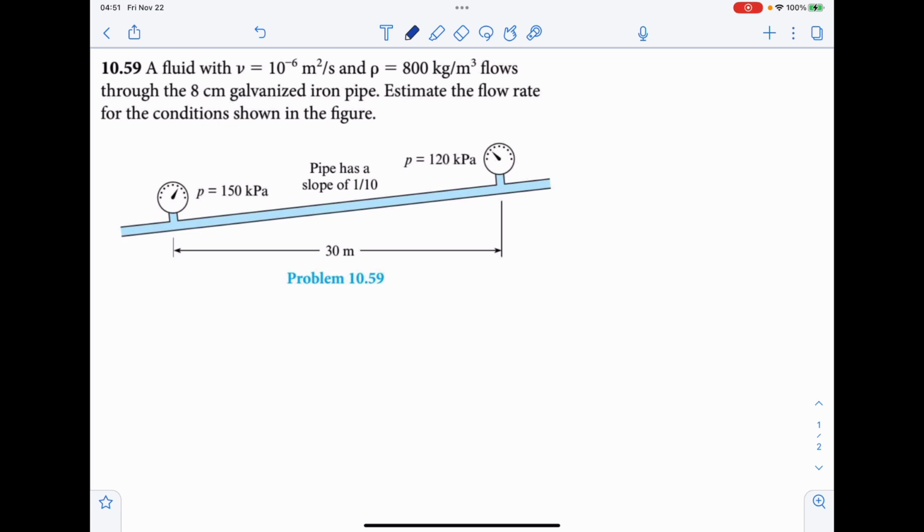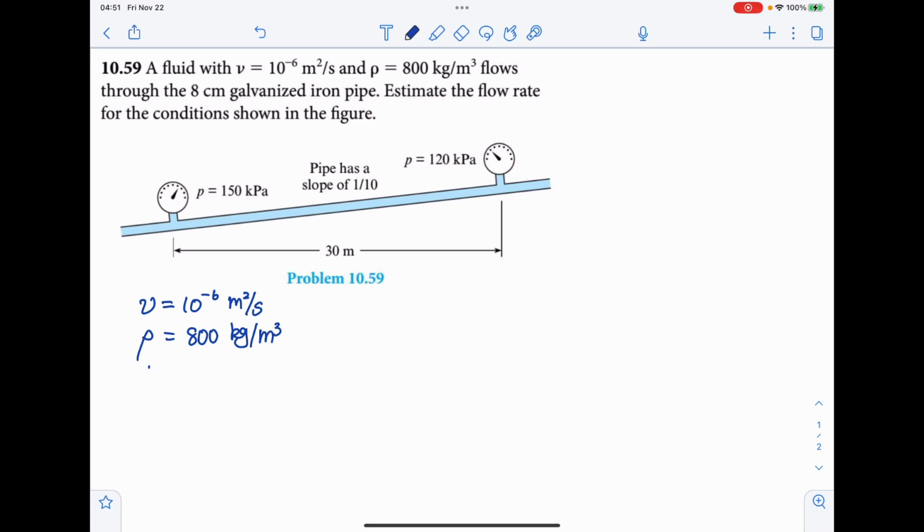We're going to need to find the flow rate for this pipe. First thing, we're going to write down the information we have. The viscosity is 10 to the negative 6 meters squared per second, and density rho equals 800 kilograms per cubic meter.